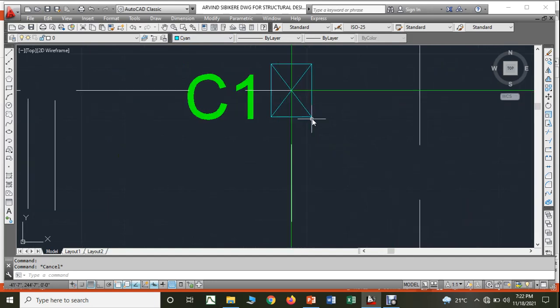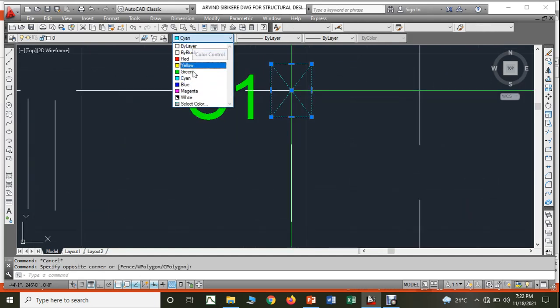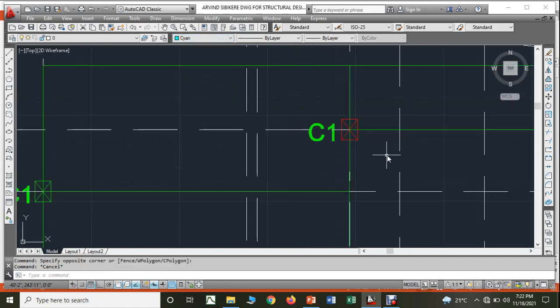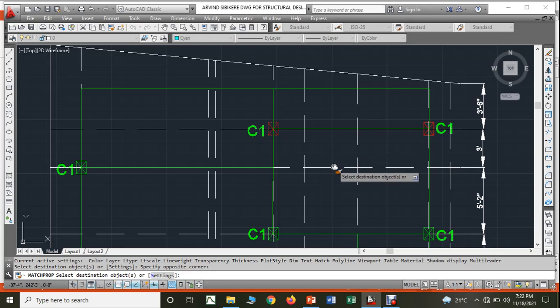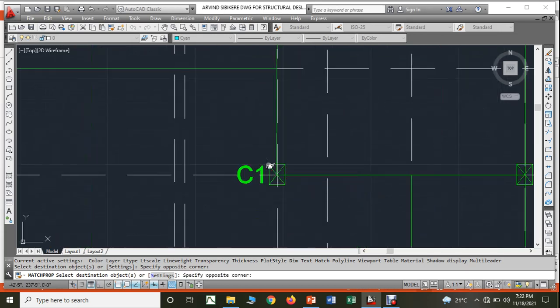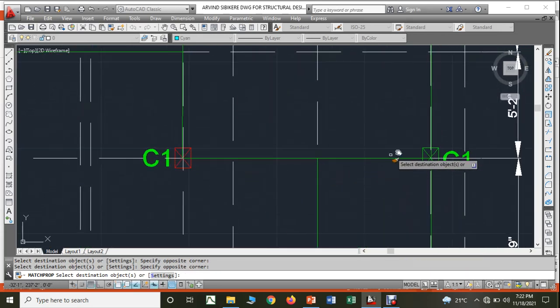Or we will do one thing, we will make some other color. Yeah, I'll make it red. Okay, the same. So even this beam is also going to receive quite a high load. Even this beam also, this column also, as well as this column also.